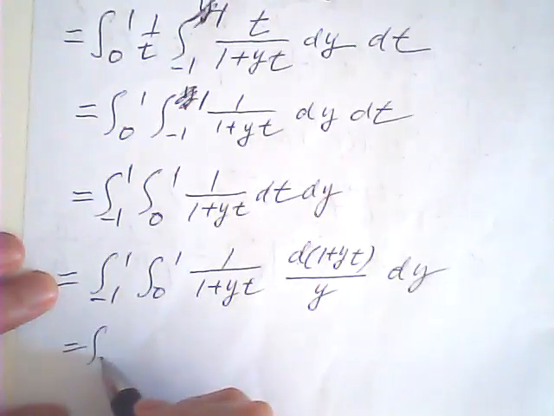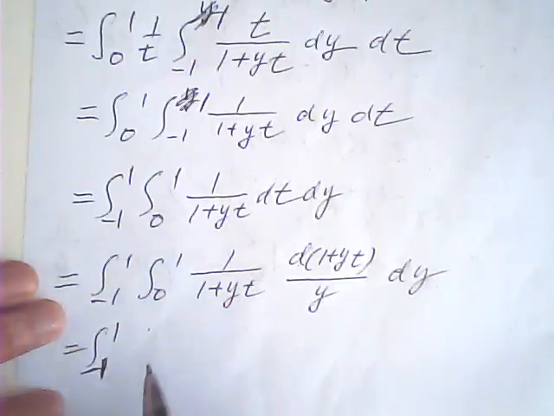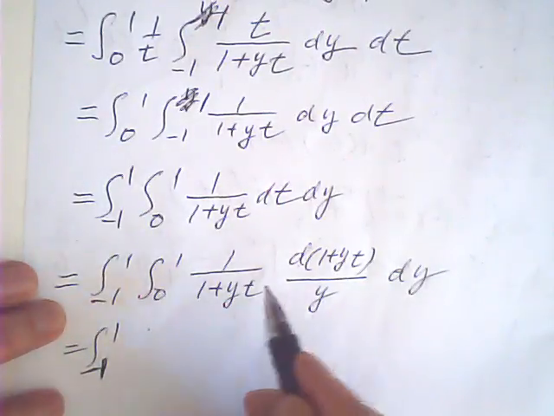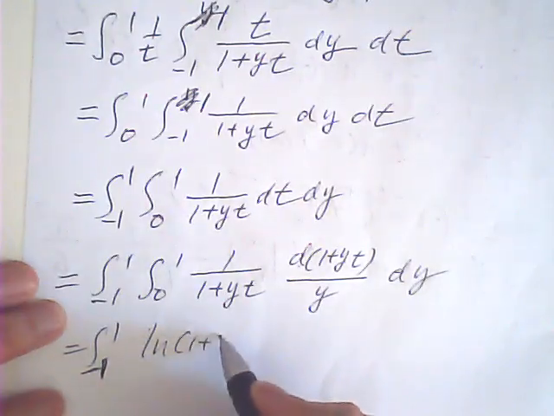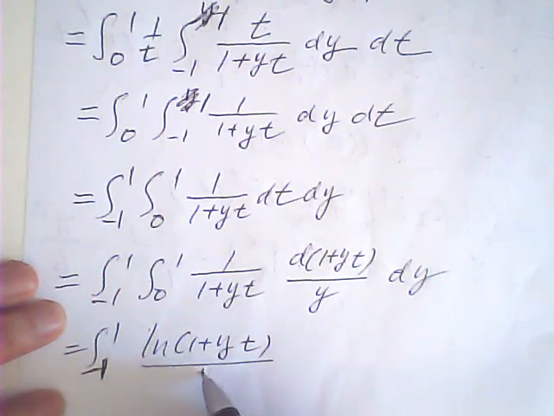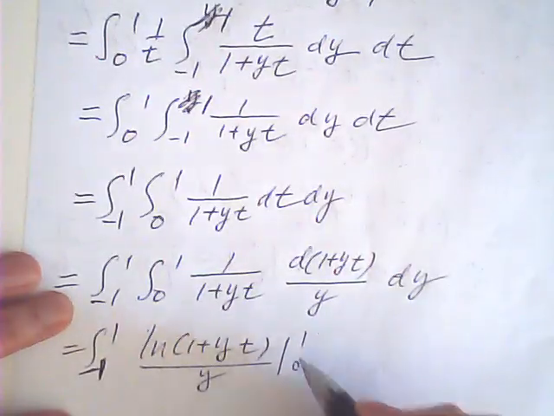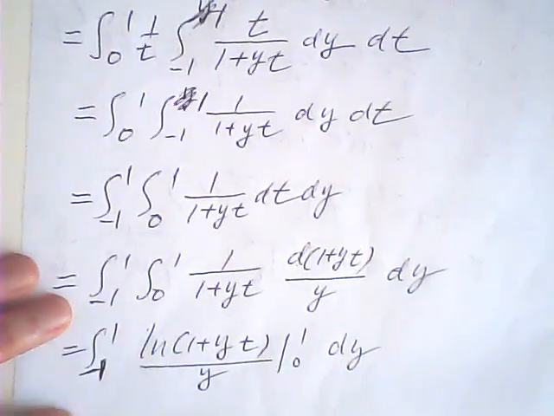So this one equals, this integral is a natural log of 1 plus yt, right, over y, t is from 0 to 1, and dy.